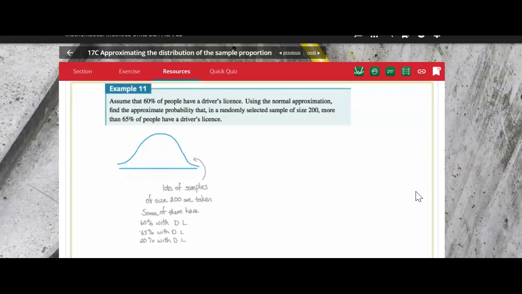By taking lots of different samples of 200 people, sometimes the proportion with a driver's license will be low and sometimes a bit higher. We keep taking lots and lots of samples of 200.